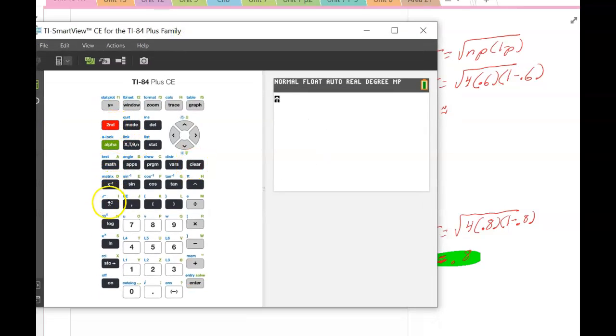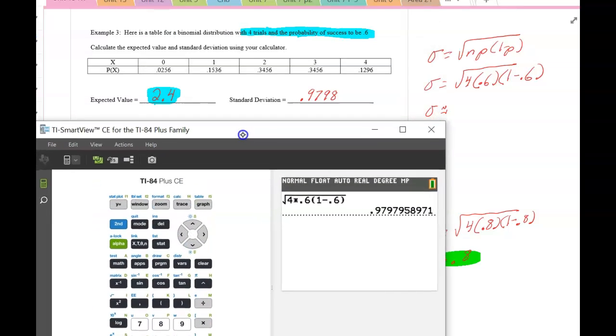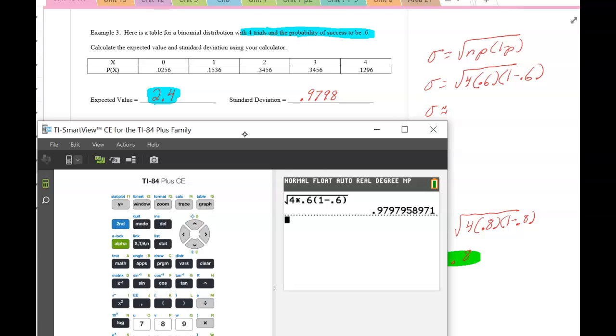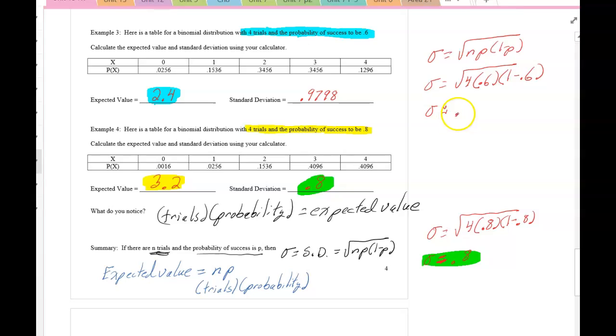I would do square root, 4 times 0.6, parenthesis, 1 minus 0.6. And notice when I do that, I get the same answer as we had with the calculator earlier, 0.9798. So this is the formula in pink for standard deviation, and in yellow, the expected value formula.